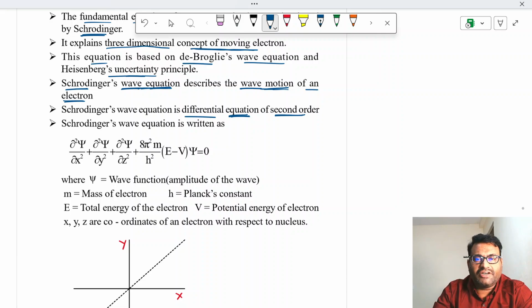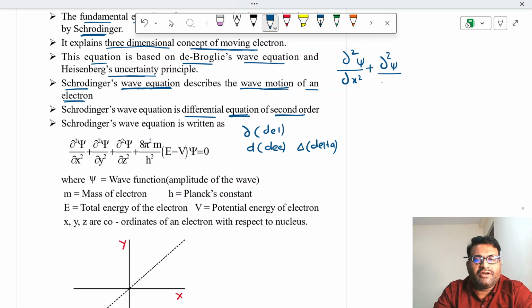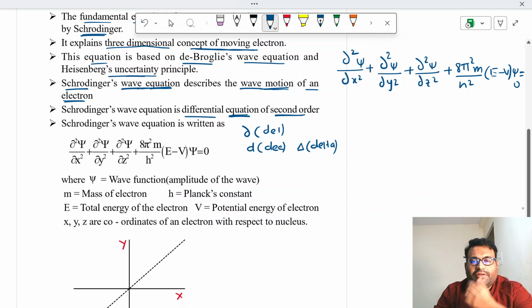It is written as del square psi by del x square plus del square psi by del y square plus del square psi by del z square plus 8 pi square m by h square into E minus V psi is equal to 0. So this is the equation.